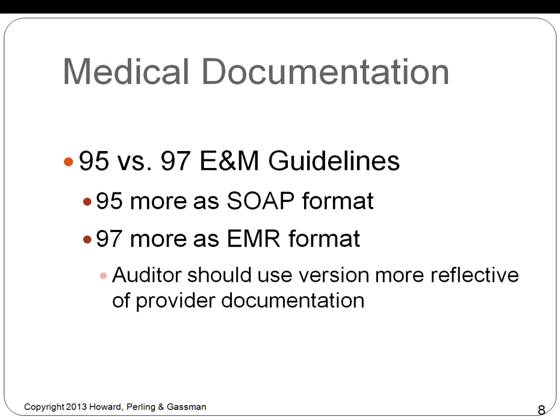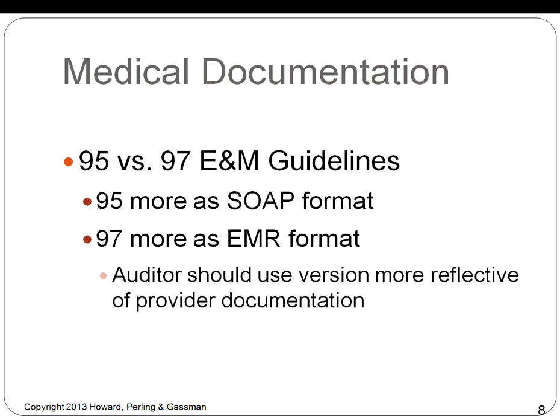You can, with Google nowadays, go online and just download anything. Just type in AMA E&M coding guidelines 95, and it'll give you probably a dozen references you can download them from. And so you look at that. So what percentage of practices do you think are aware of this, and what percentage are unaware?